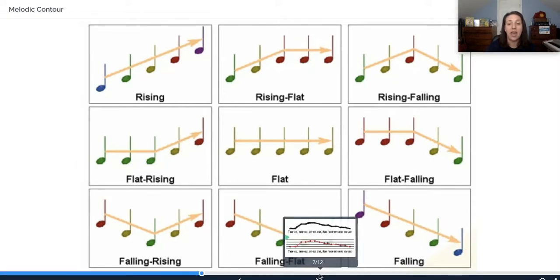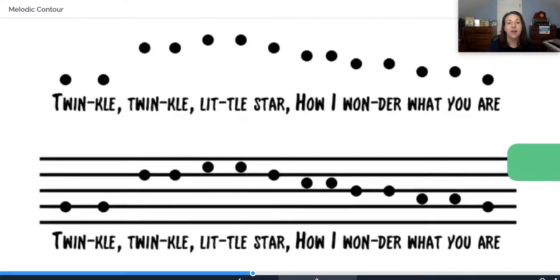And if we look at a song that you probably know, Twinkle, Twinkle, Little Star, we can see that the dots would create the musical pitches, and then connecting those dots makes the contour. So if we look up here, we have twinkle, twinkle, little star, how I wonder what you are.